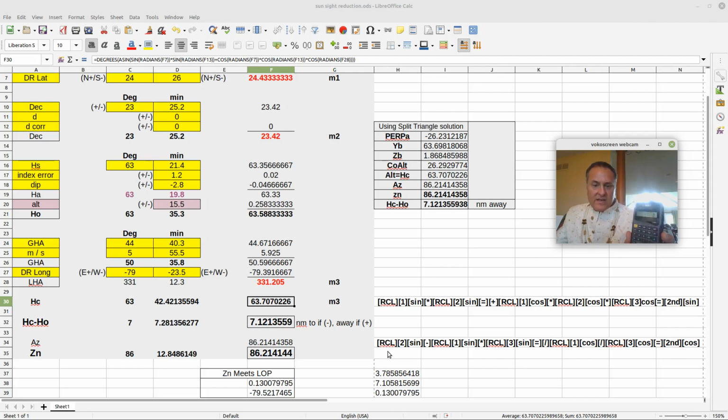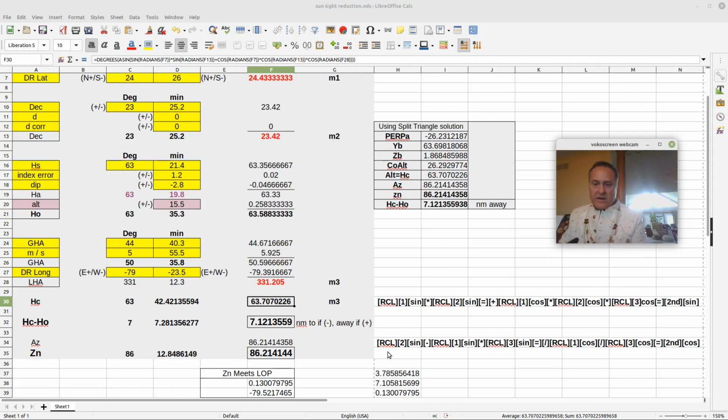And I'll show you that by doing this set of keystrokes: recall 2 sine minus recall 1 sine times recall 3 sine equals divided by recall 1 cosine divided by recall 3 cosine equals second function cosine.